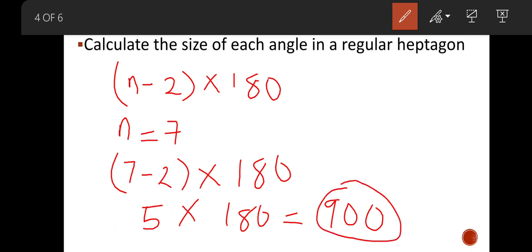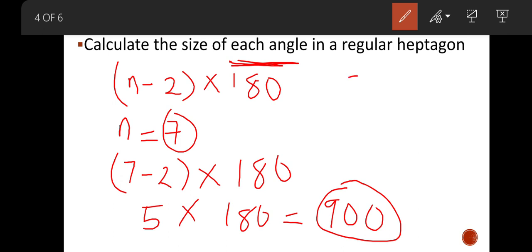Since the sum is 900 degrees and the question asks for the size of each angle, we divide by the number of sides. The number of sides is 7, so the number of angles is also 7.